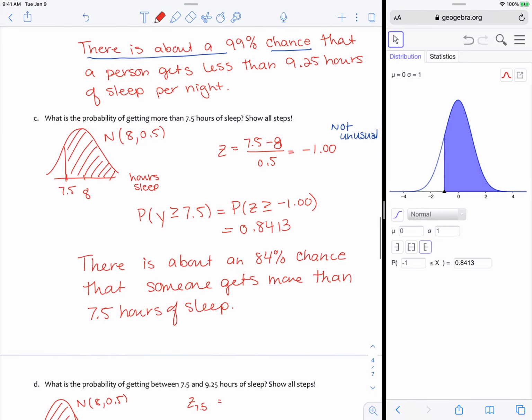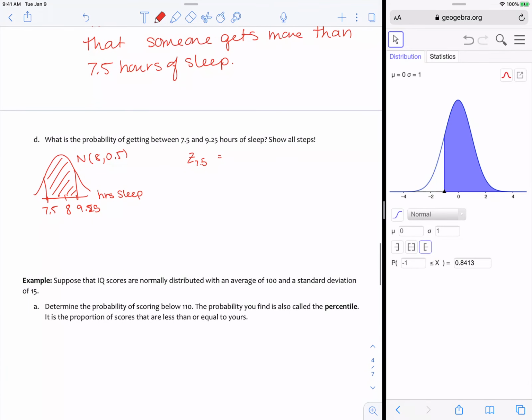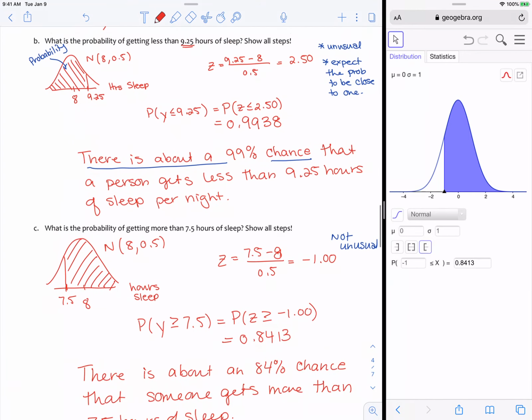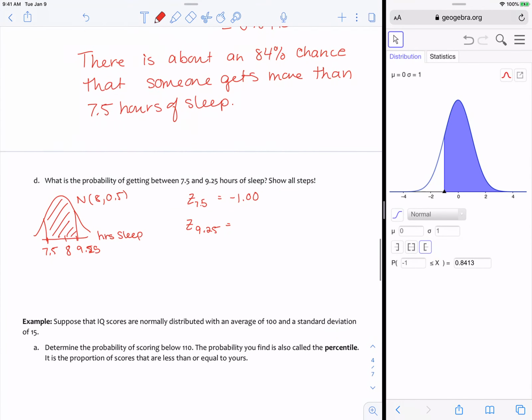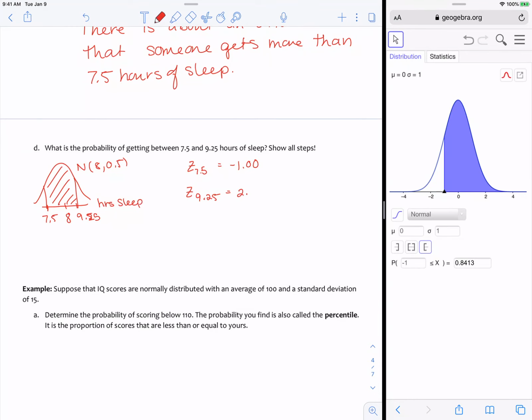We just did that one, and that was negative 1. Now, if we hadn't already done that work, you would need to do the calculations for each of these. And then Z for 9.25. That was done up here. So that was a positive 2.5. Okay, so I have my z-scores.